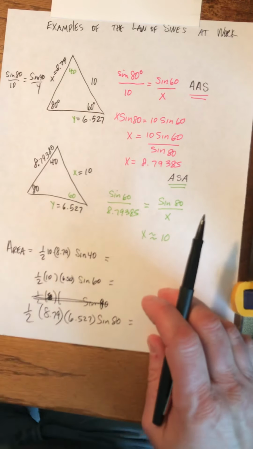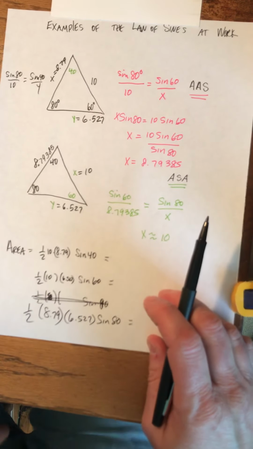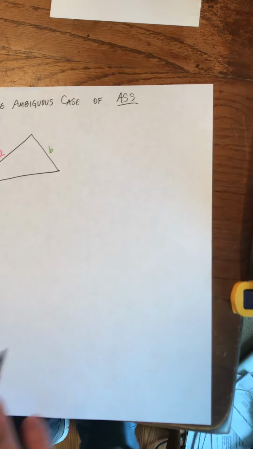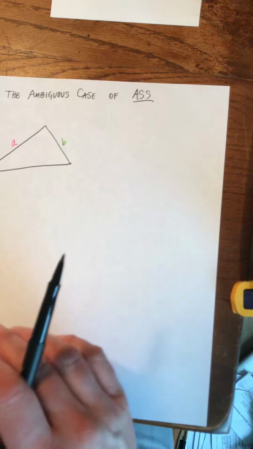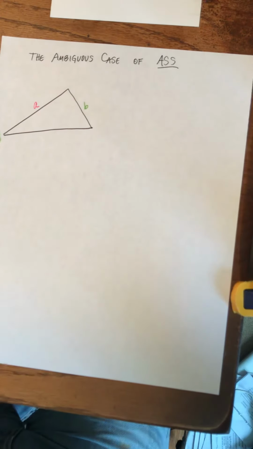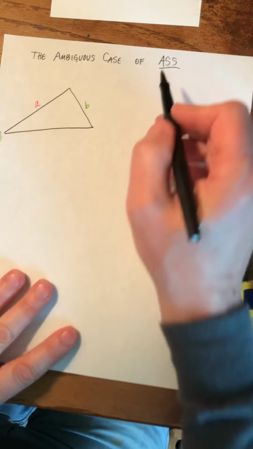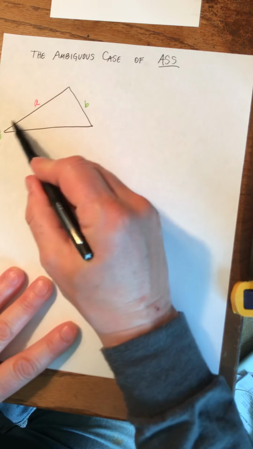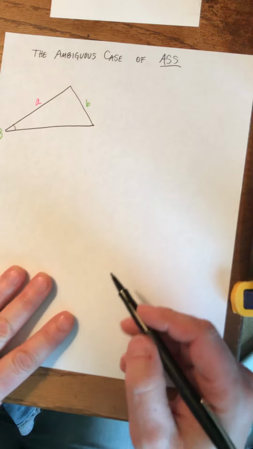The problem with this whole process is there's one situation where the formula breaks down and it doesn't work. This one is called the ambiguous case, and we'll just go over it slowly. A good way to remember the ambiguous case is that it spells a bad word: angle, side, side. So let's say we were given this angle and these two sides.